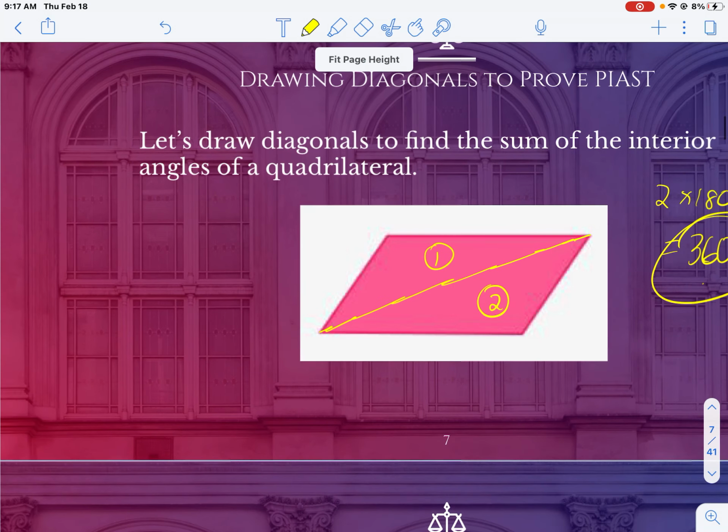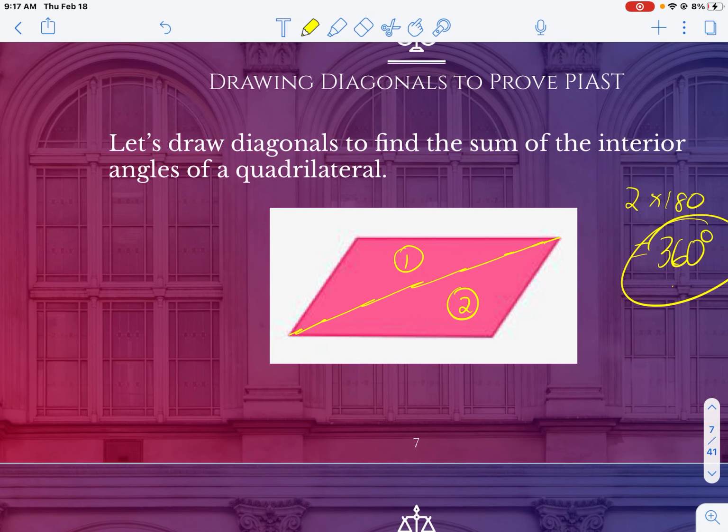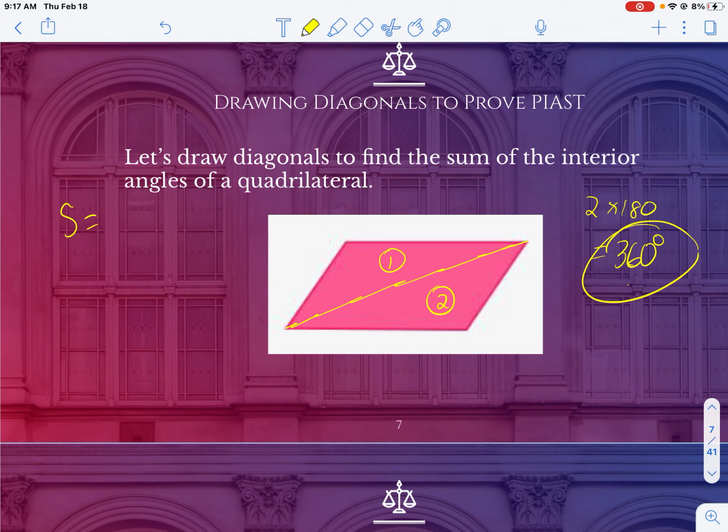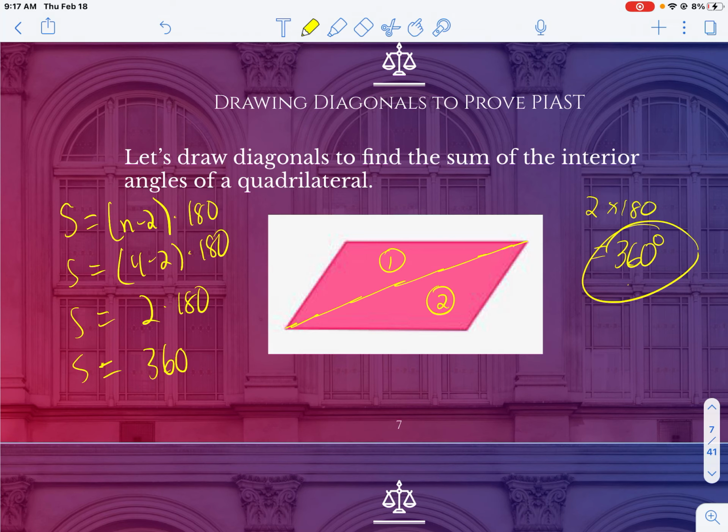So again, if we try it up here with the quadrilateral, let's use the formula (n minus 2) times 180. The sum equals 4 minus 2 times 180. That's 2 times 180, and we get 360, which is the same answer we got by drawing the diagonal.